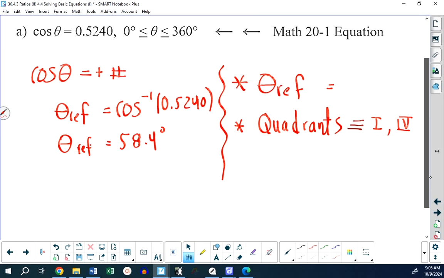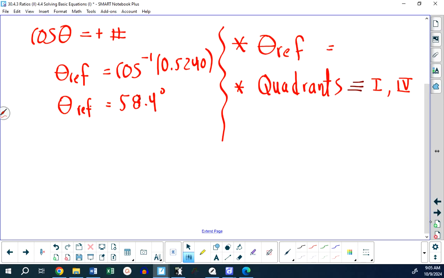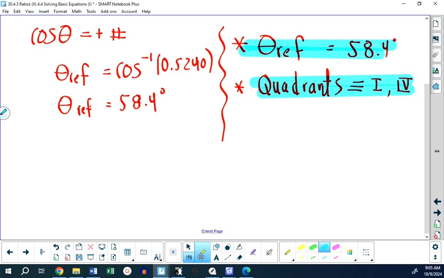Okay, and then what your Math 20 teacher would have instructed you to do is put these two ideas together, these two things that we found, this and this, to find rotation angles. Don't forget a reference angle. We haven't really reviewed this, but a reference angle is simply the angle between the terminal arm and the x-axis.